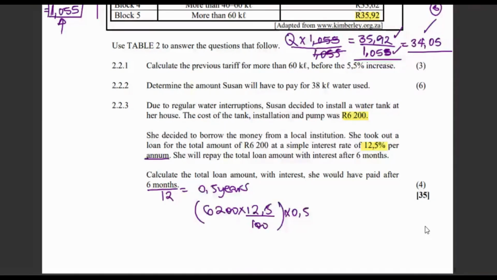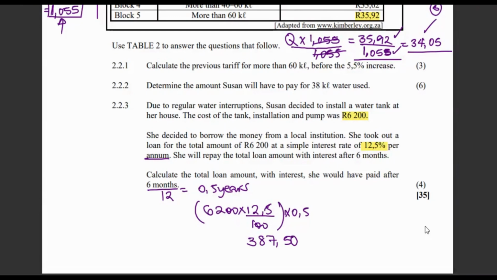What answer do you end up having? I didn't divide by 100. 387.50.